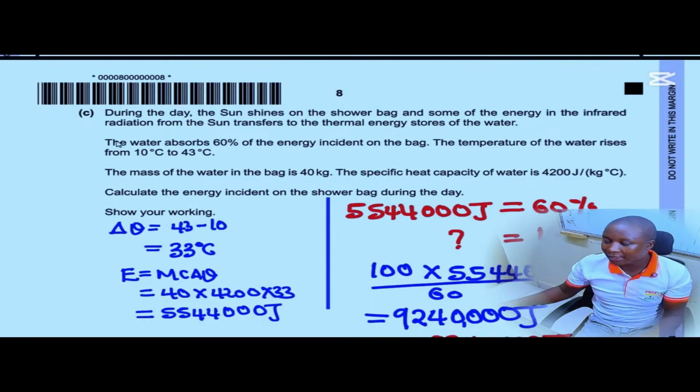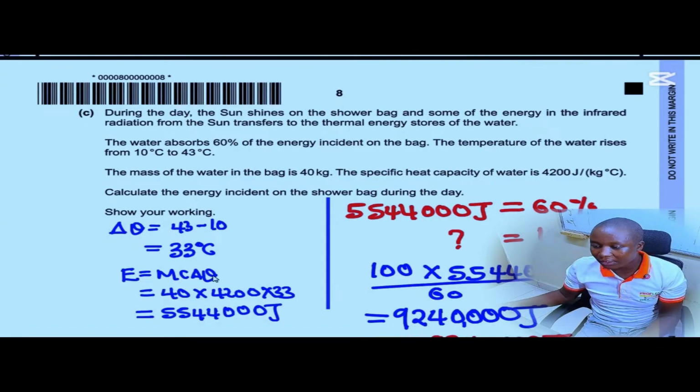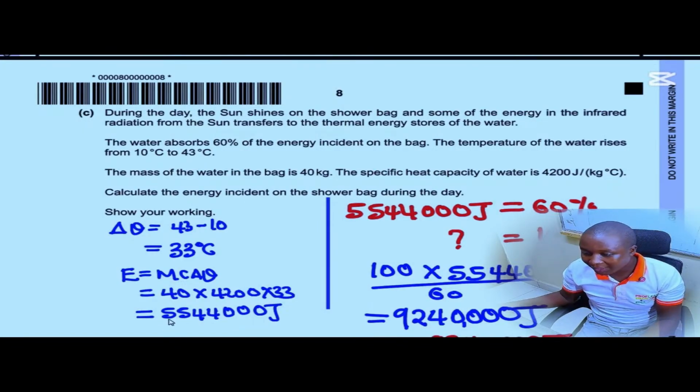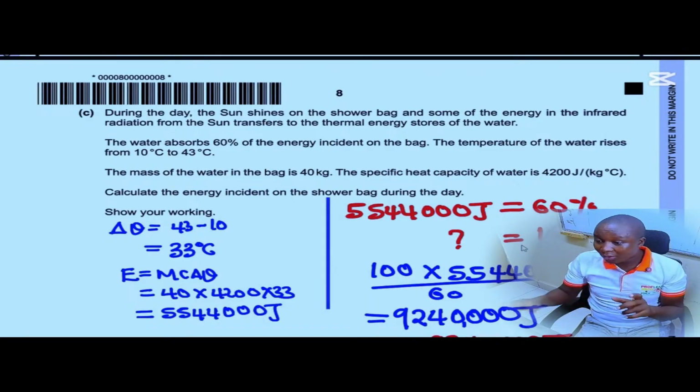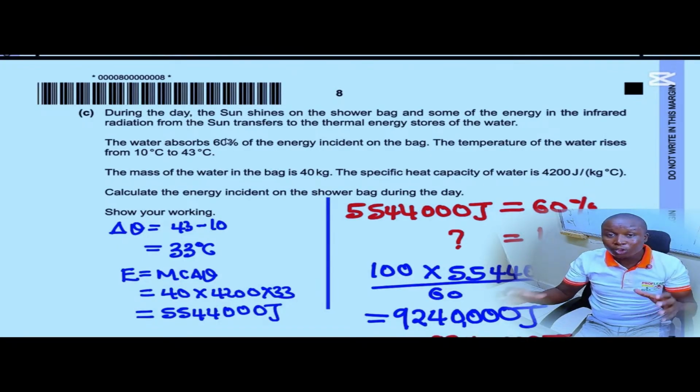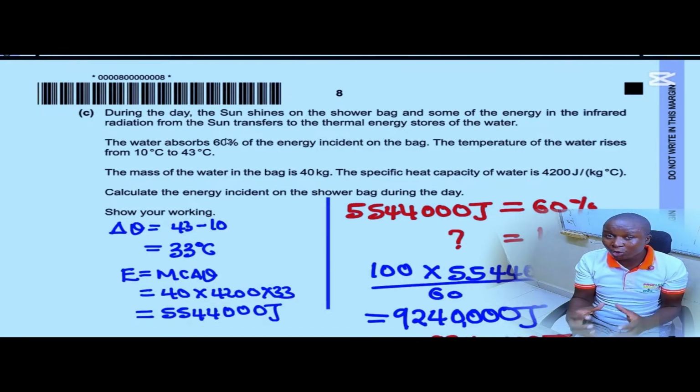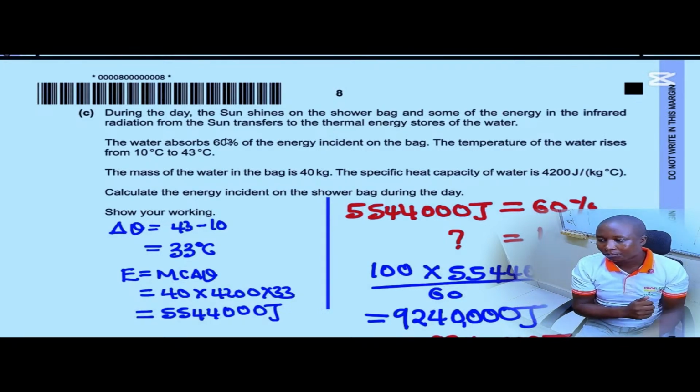But we know that thermal energy is mcΔθ. So the mass is 40 times the specific heat capacity 4,200 times 33, and that translates to 5,544,000 joules. Since we were told that only 60% is absorbed, and this is the amount of heat used to warm the water, it is equivalent to 60%.